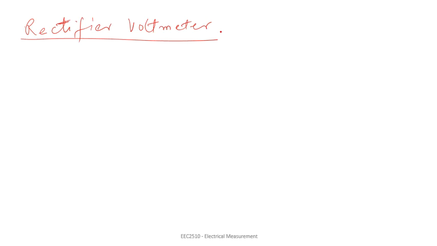So it will no longer be a normal PMMC type instrument. We can call it a rectifier type of instrument. So this will be called a rectifier voltmeter. Let me first draw the circuit.